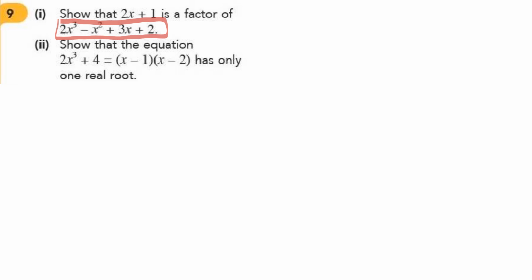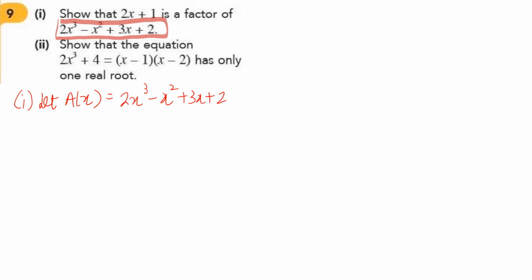So first things first, we need to name our polynomial. So we're going to call it a of x. We're going to let a of x equal 2x cubed minus x squared plus 3x plus 2.